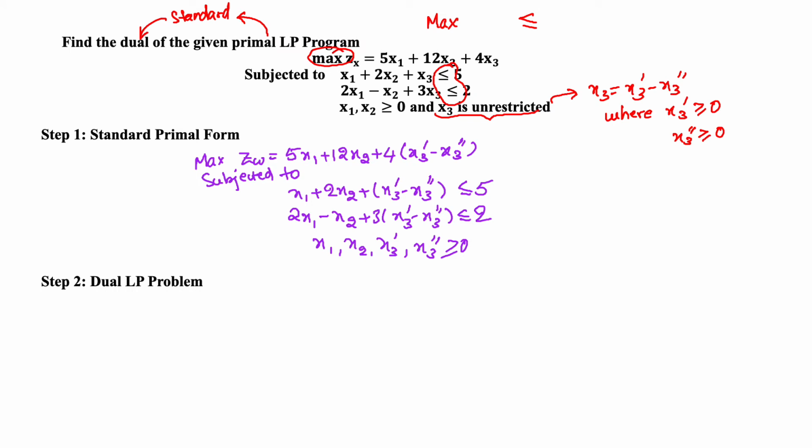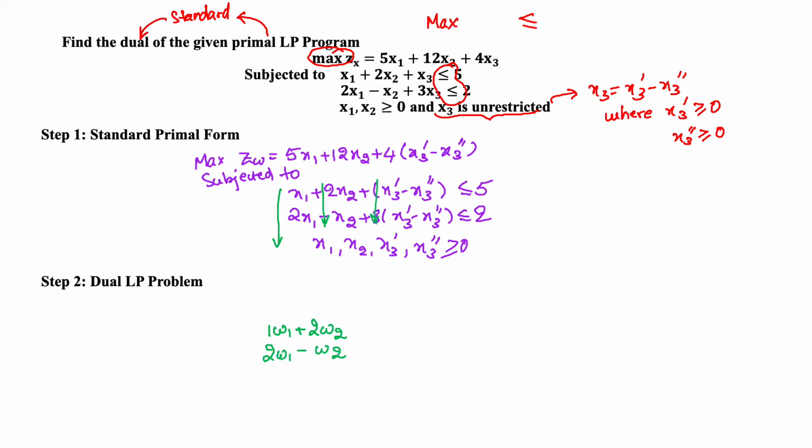For the dual form, we have seen that all the rows will be transposed to columns. So x1 will become 1 w1, 2x1 will become 2 w2. Similarly, the second row will become the second constraint, 2 w1 minus w2.